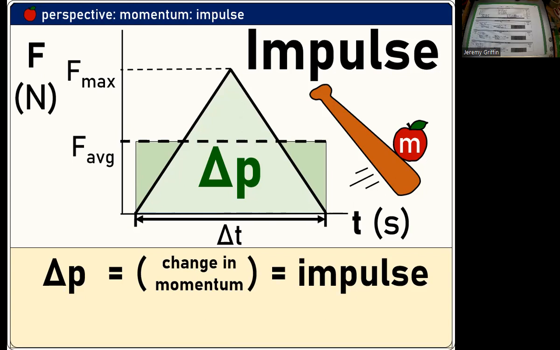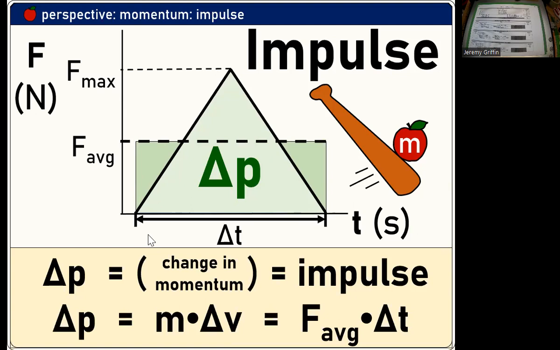So I can tell you what the impulse is, which would be the change in momentum. And you could set up an equation that looks like that right there. If you hit a ball with a bat, you might get a graph where it's more like a triangle shape, right? You just find the area under the curve, that will tell you the impulse. So you guys can do this.